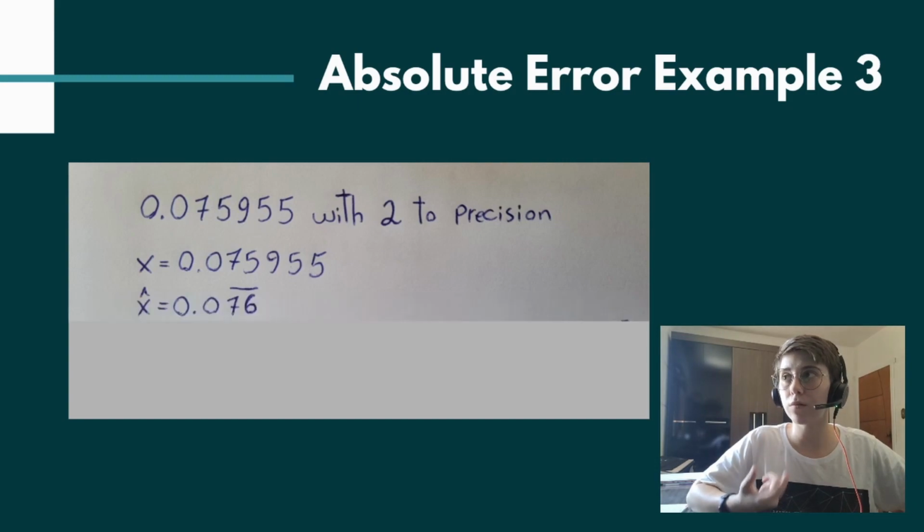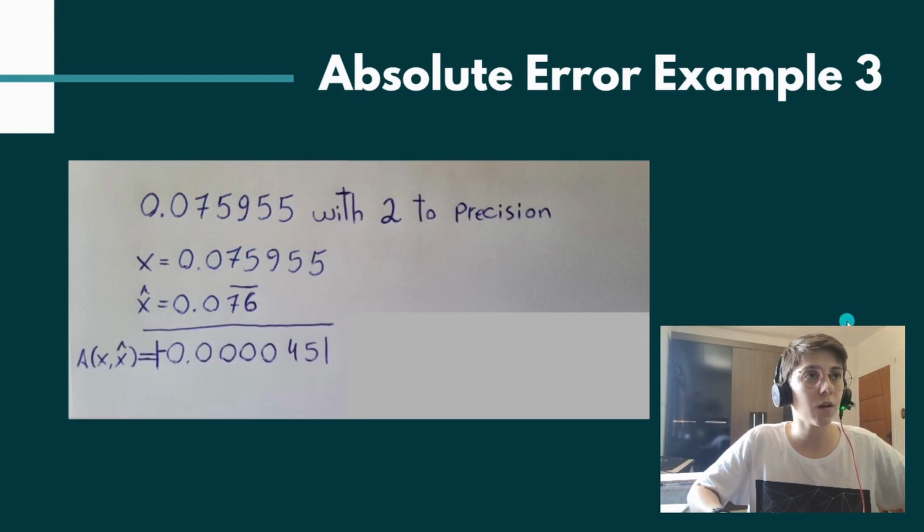So when we round this, we pass the 5 to 6, because 9 is higher than 5, and this makes us increment this value.